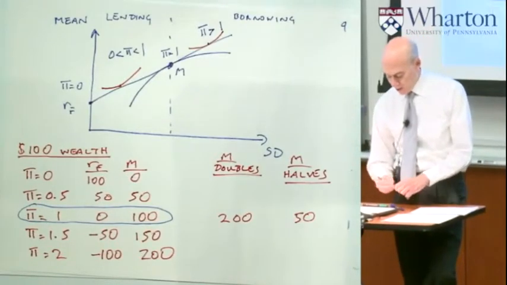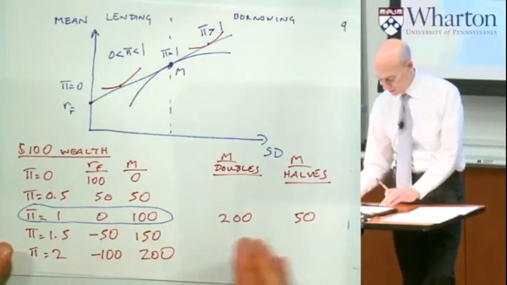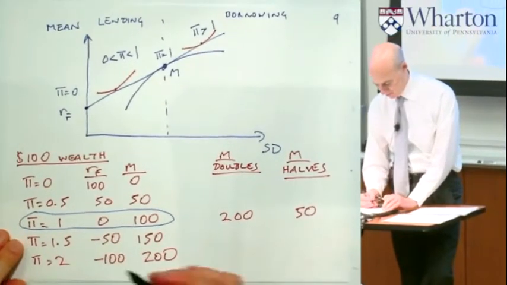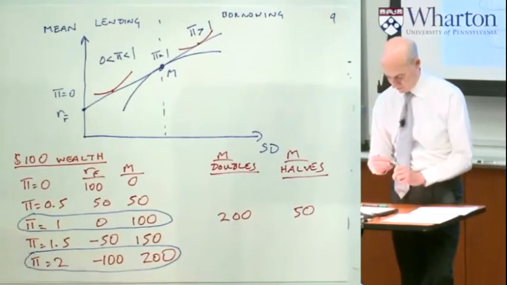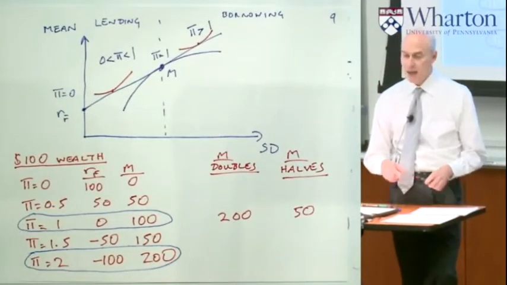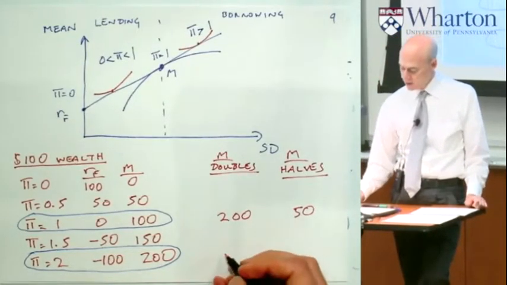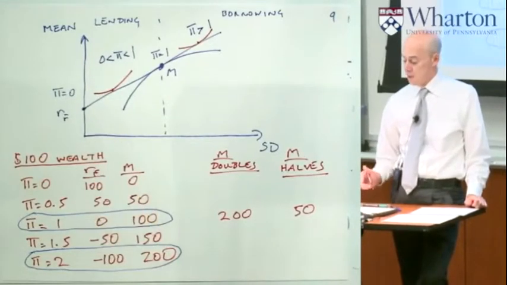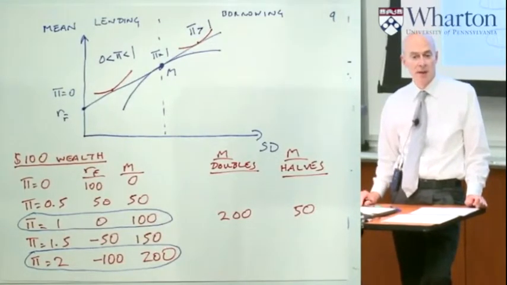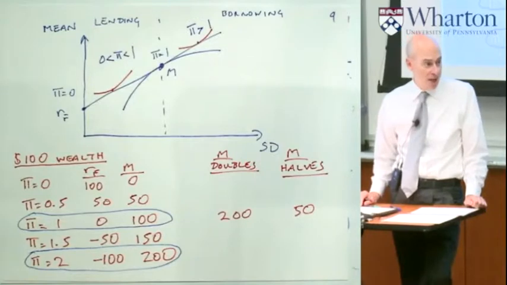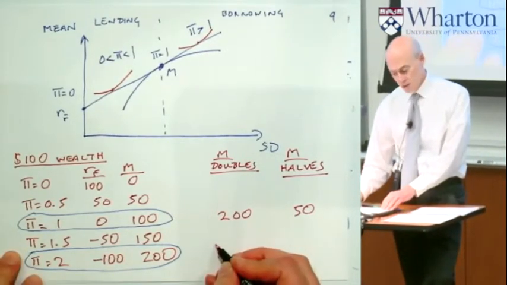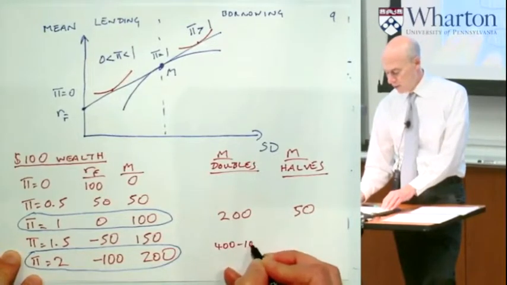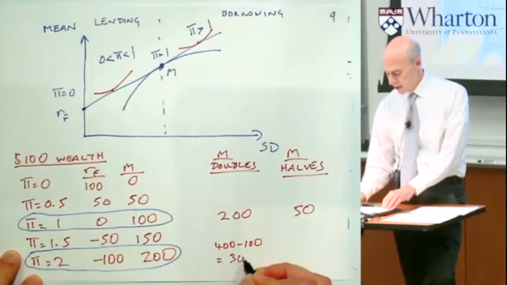Let's compare that with pi equals 2. What happens in that case? If M doubles, your M position goes to 400, but now you owe 100, so you end up with 400 minus 100, which is 300.